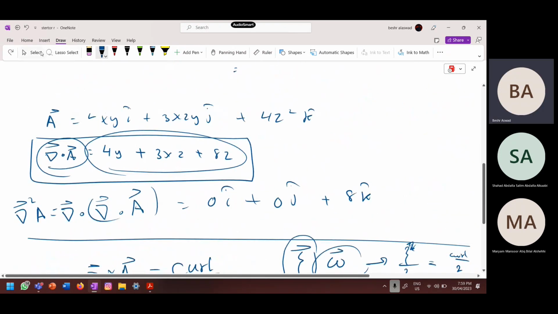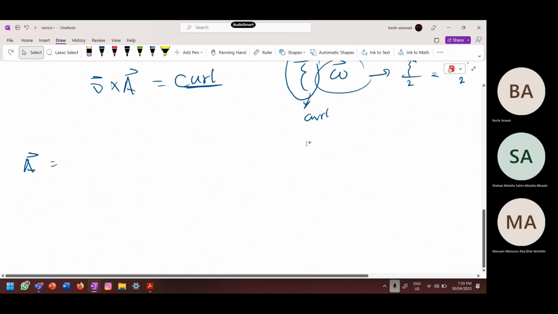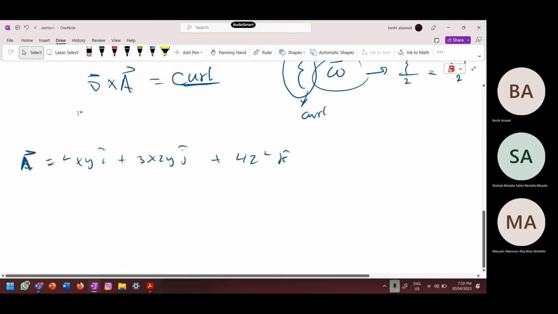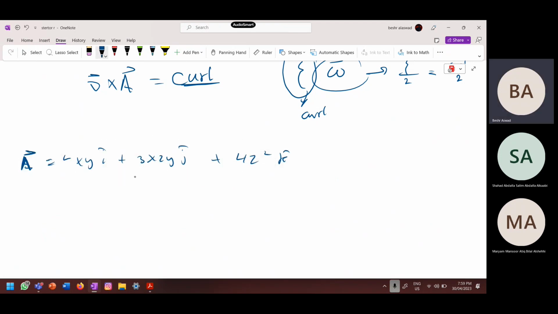That's so inconvenient. Okay, let's find the curl for this problem.